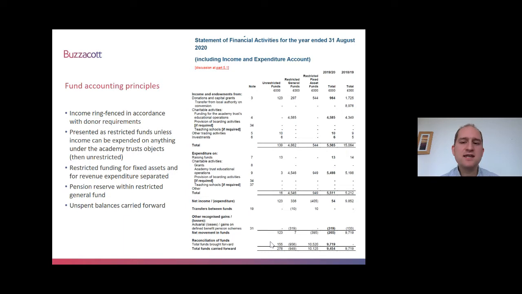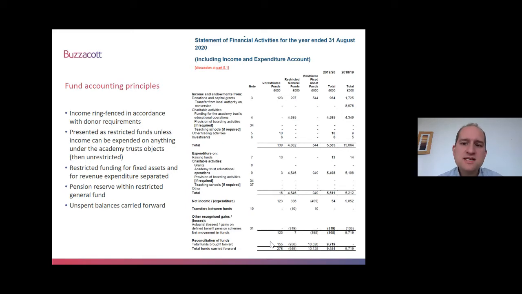The unrestricted fund is income that has no restriction placed on it by the person or institution giving the funds. This is things like lettings income, where it's just invoice money and you can spend that income on whatever you want, or maybe donations that are generally towards the Academy Trust and not for a particular purpose. Funding that you can spend on whatever you want.